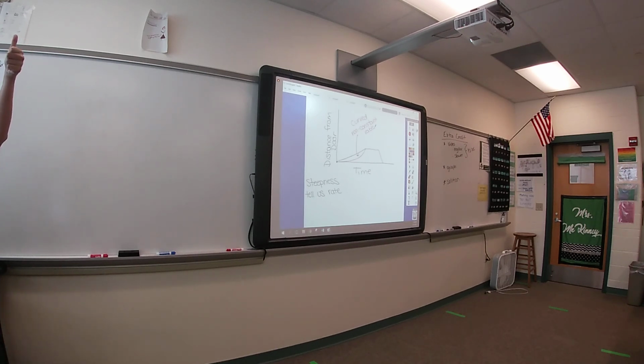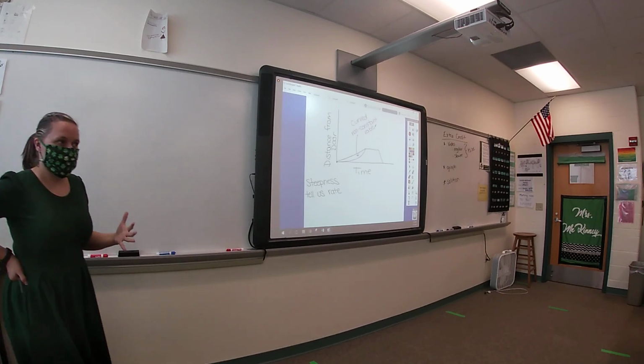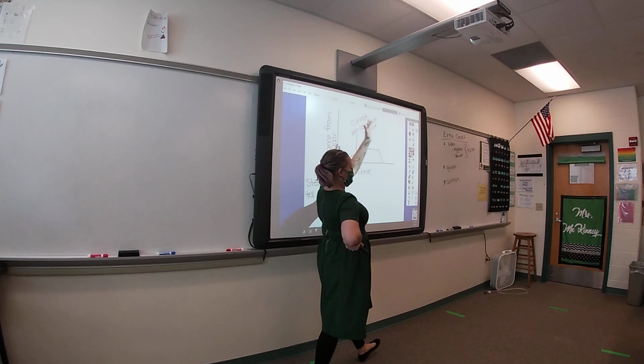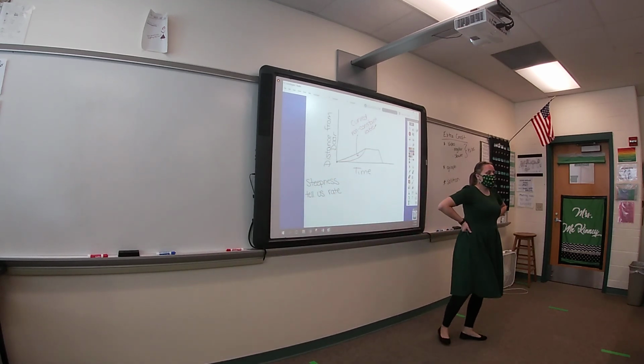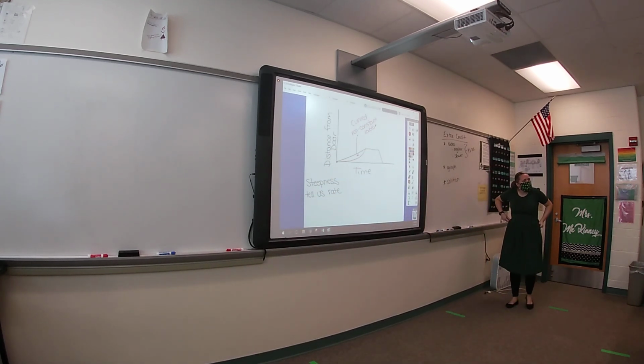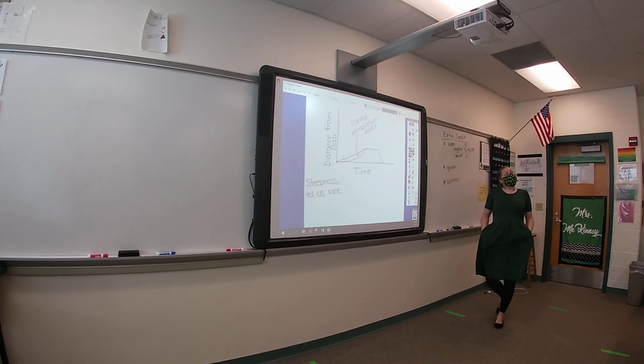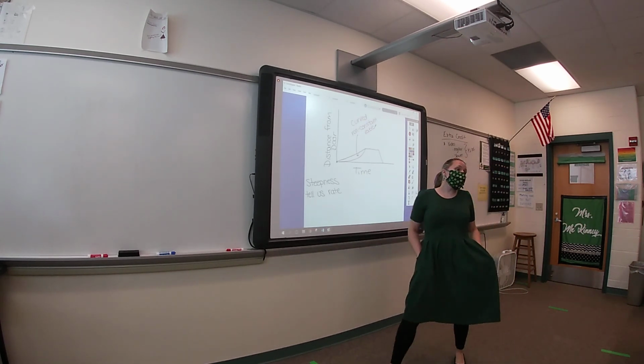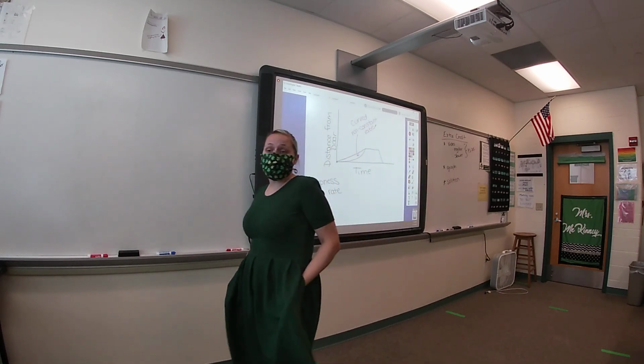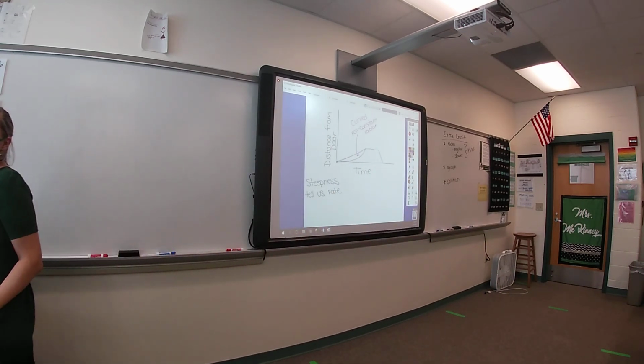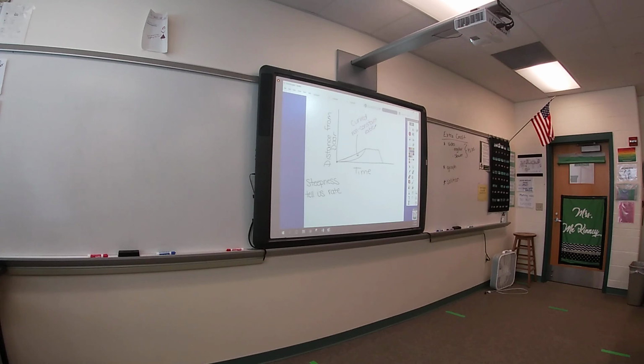Do we agree? Okay, so why do we graph things? What is the point of this? Davian, what do you think? So we can show the rate of the distance throughout a period of time. Yeah, but I could show that other ways, right? Couldn't I show that in a table as ordered pairs? I could write down some words and talk about it. I could write a function rule.